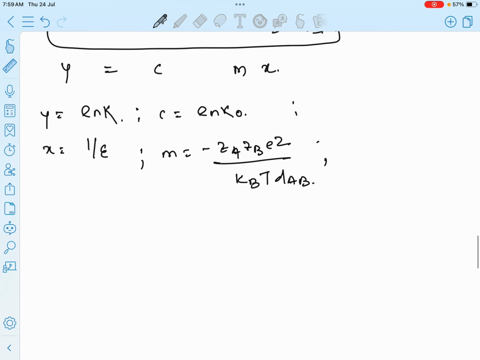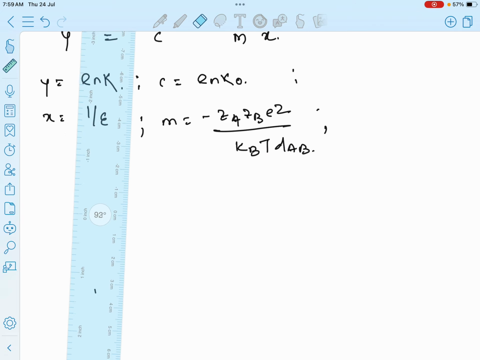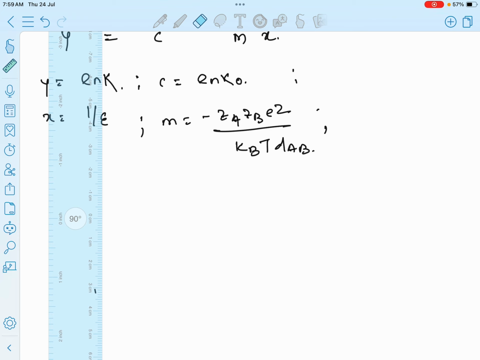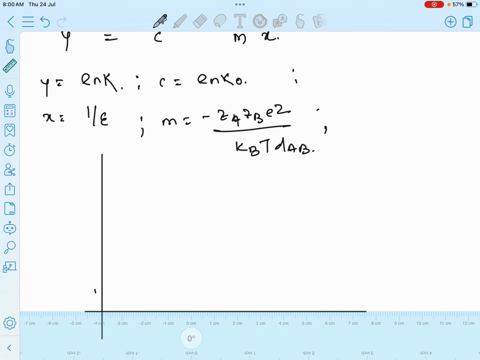Whenever we plot, let us take the scale and just plot. In the y-axis I will get ln k, and in the x-axis one by epsilon.